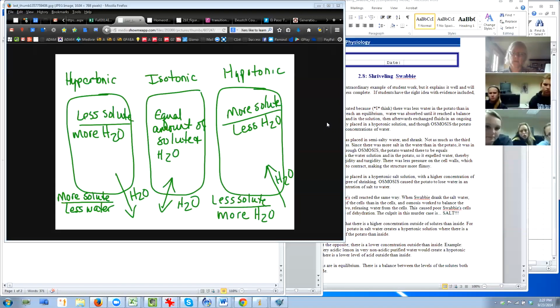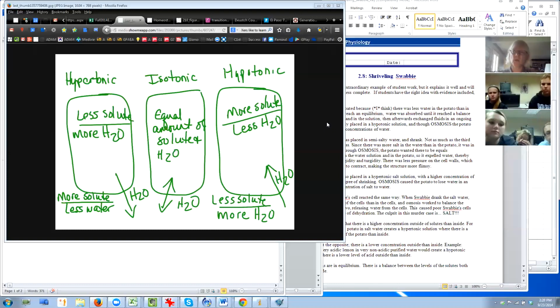There's too much water. There's more water where? Inside the cell than outside. So water travels from concentrations of higher to lower. So water will move out. All right. So that's hypertonic.